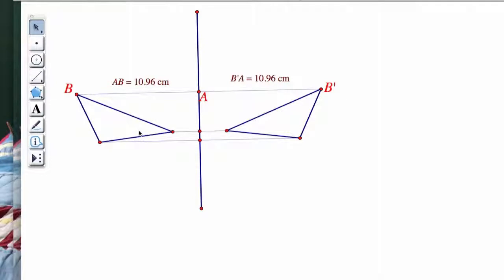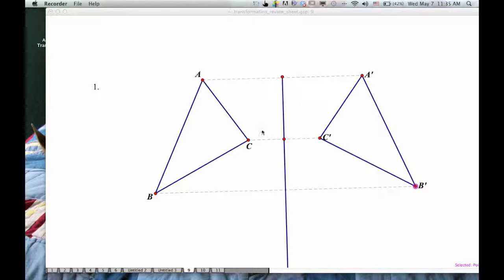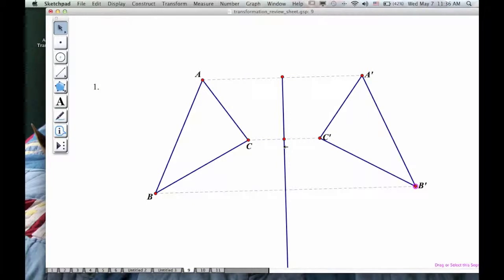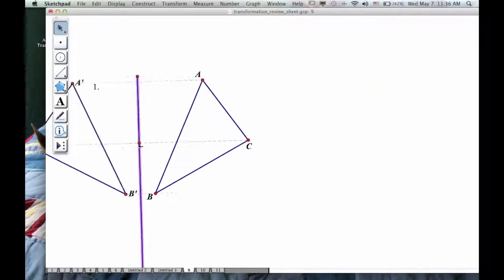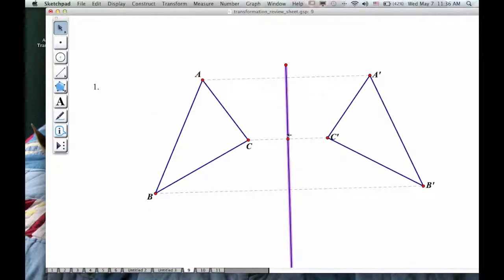So a way you can tell if it's a reflection is if the length from a point of the triangle to the line of reflection is congruent. This is how you reflect a triangle, as you can see by the line. If you move the line of reflection, the triangle gets reflected along with it.